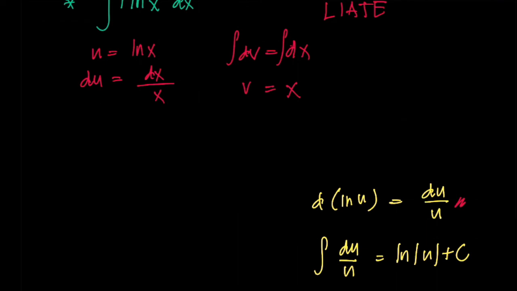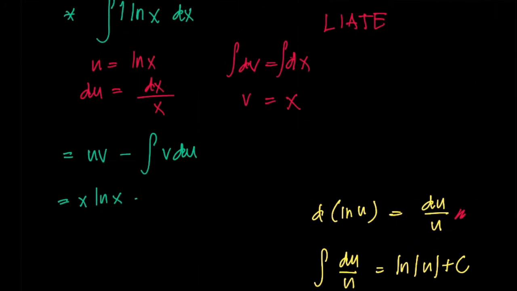So, gamitin natin yung formula. So, u times v minus the integral of v du. So, what's u? The natural logarithm of x. Ano ang v is x? Ilagay natin ang x dito sa katabi. Then, minus the integral of v. What's v? V is x.